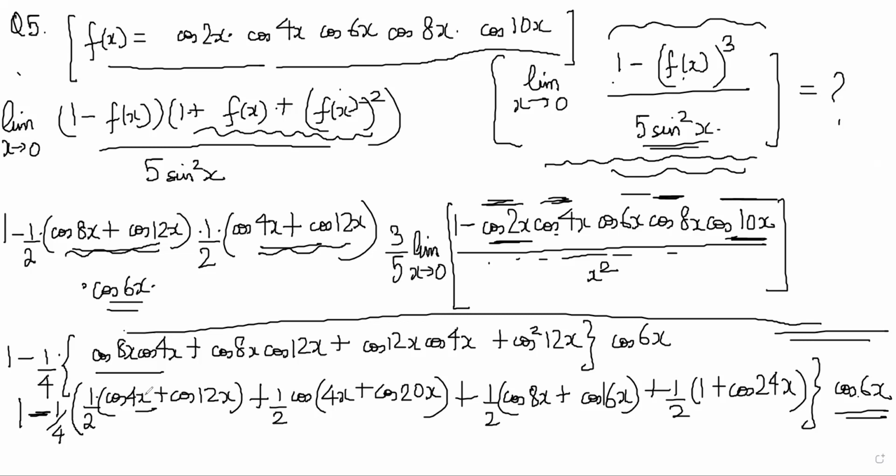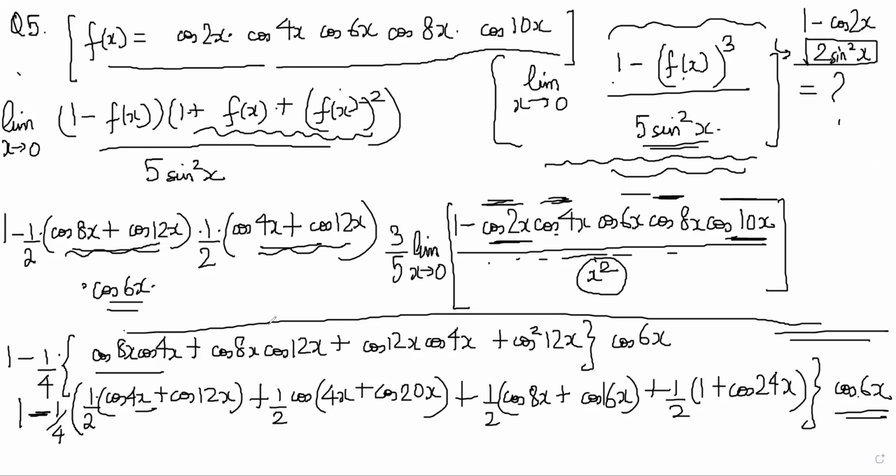What you will have to do is put it in some form of sine square. Finally 1 minus cos 2x is 2 sine square x. You understand why finally you have to do this? Because the denominator is x square, it finally has to come as some sine square x on top, and only then can you get the value.